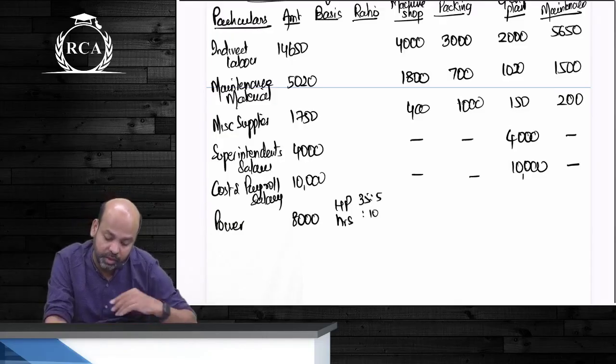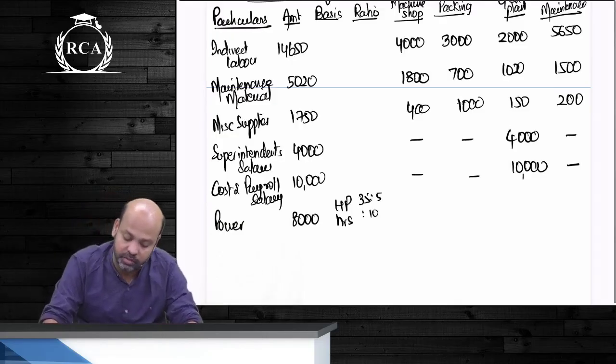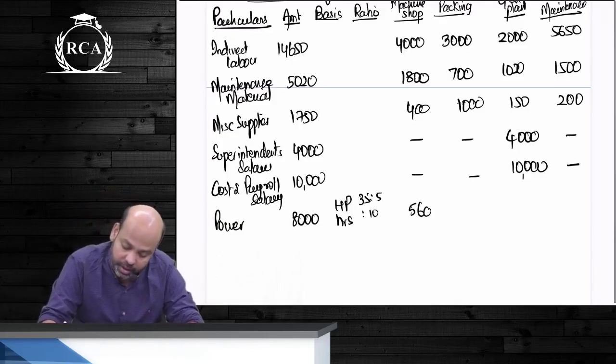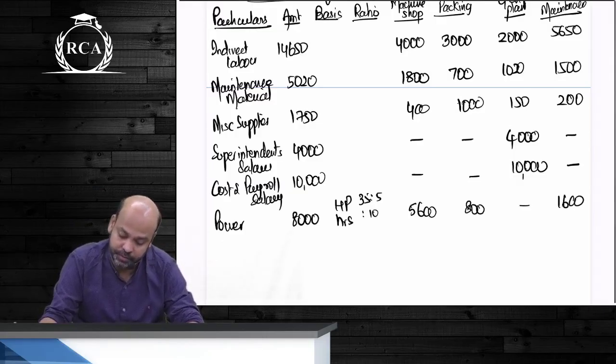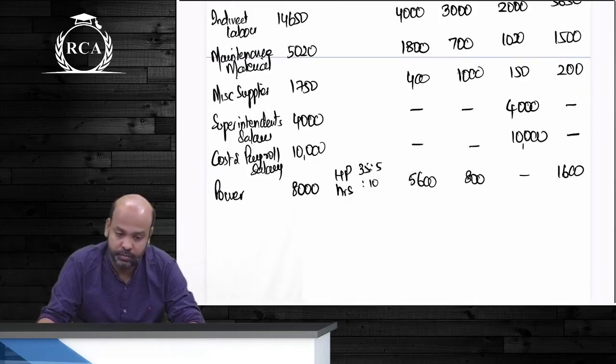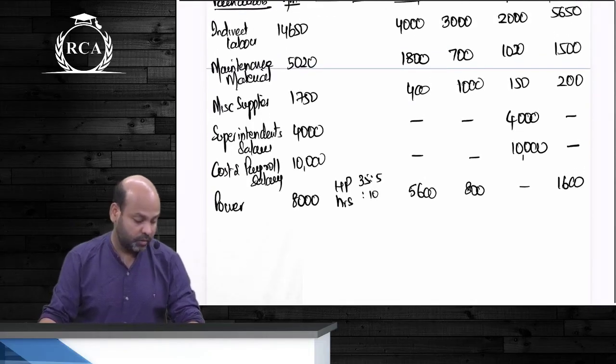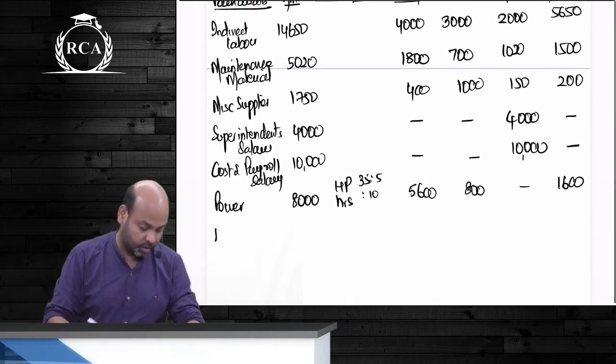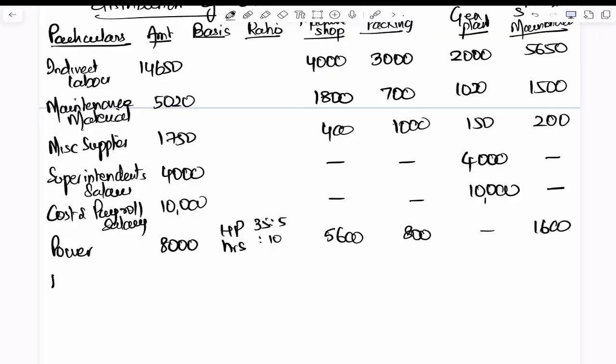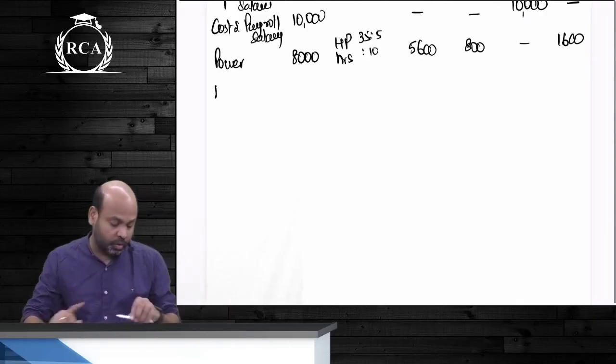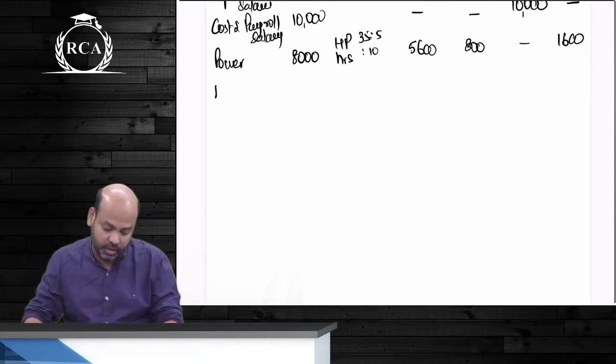So 35, 1.6, 2000, 5600, 800, 1600. You will have power costs, rent and all the others guys, like that. So what is the amount that we are getting guys after this?